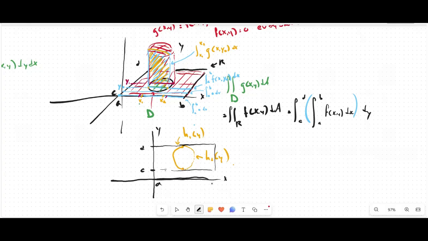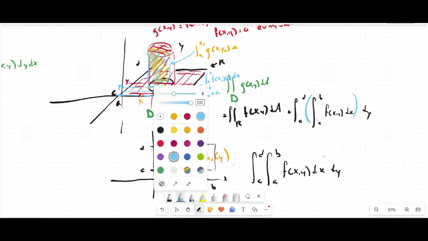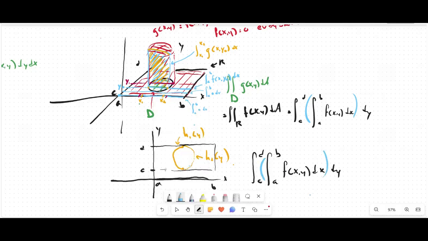And let's say this is A and this is B. Instead of integrating from C to D and integrating from A to B, because there's all of this zero space, all of this part is zero here. We don't care about it. And this part's also zero.